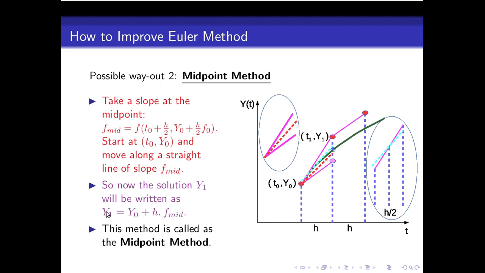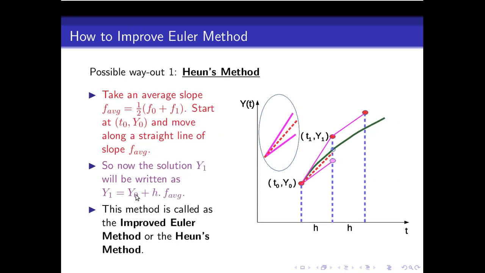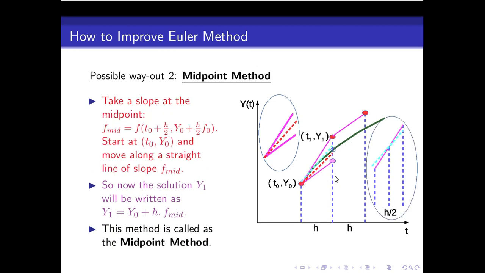So the solution is written as y1 is equal to y0 plus h into f mid. In the previous case it was y0 plus h into f average. Since the slope is taken at the midpoint, this method is called the midpoint method.